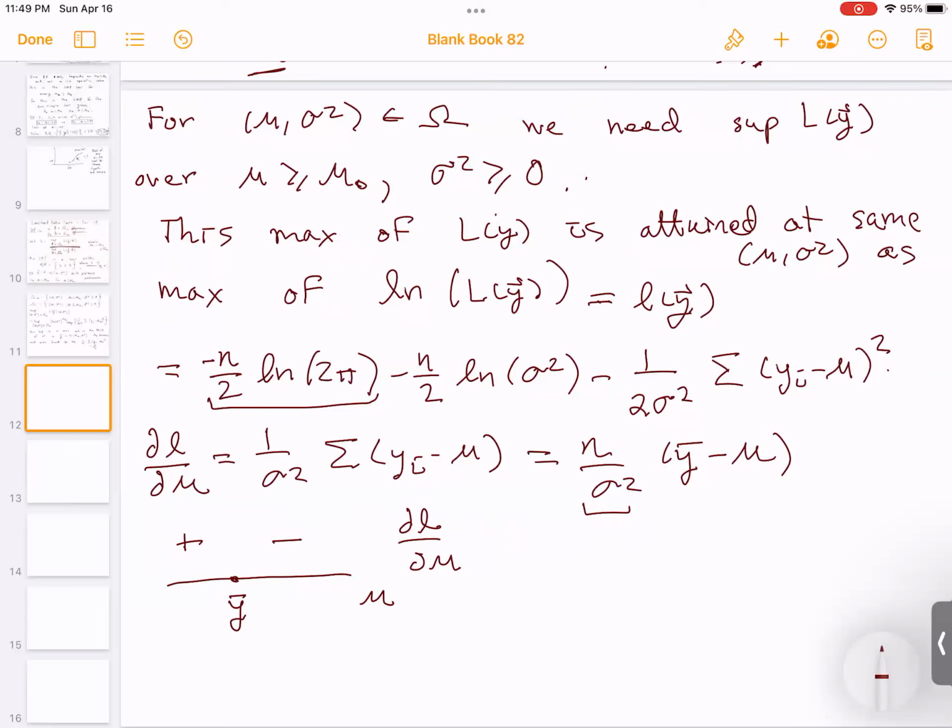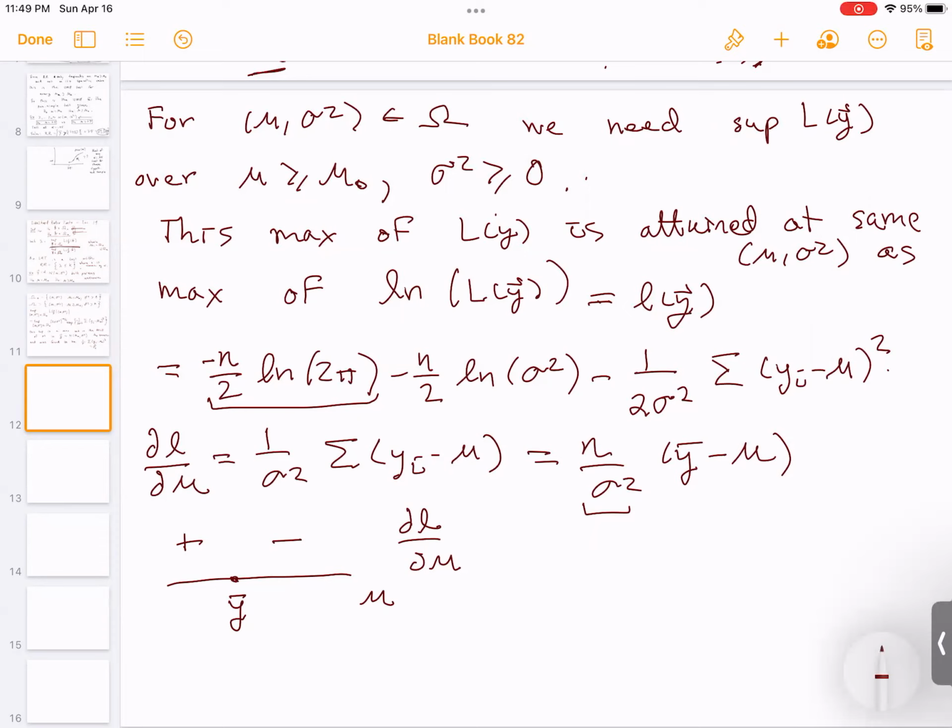So the question is, where is mu 0? Because you computed y bar and you're trying to test for the mean being bigger than mu 0. What would make sense for y bar if you're trying to test that the actual mean is bigger than mu 0? It would make sense that y bar is bigger than mu 0.